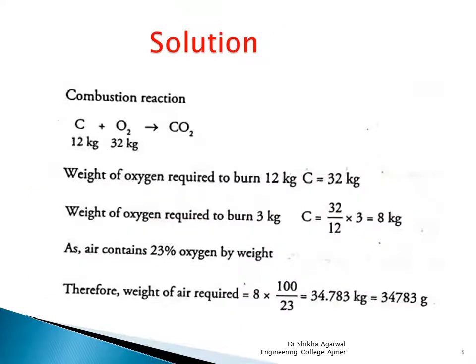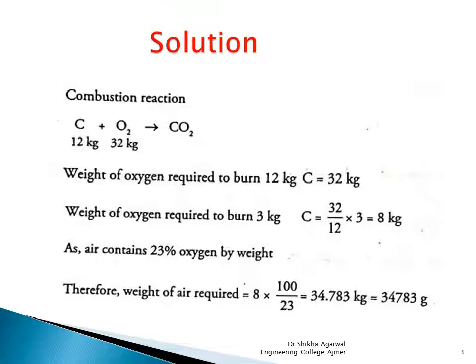Now, how will you do this? You will write the combustion reaction. So, C plus O2 gives you CO2. Now, you can see 12 kg of carbon requires 32 kg of oxygen for combustion, or we can say 12 grams requires 32 grams. Either way, but since we are doing the calculation in terms of kg, we say kg.